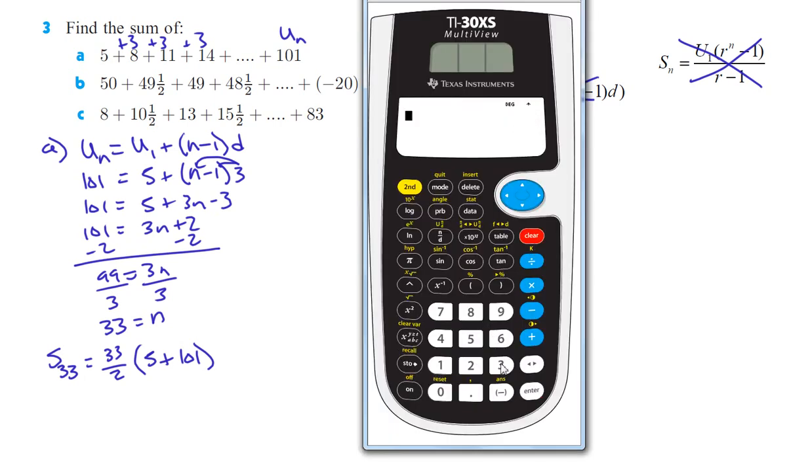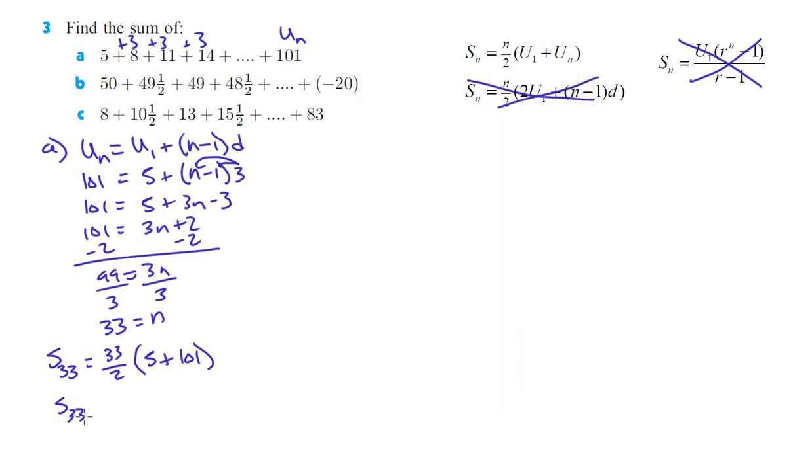So we get 33 divided by 2 times, let's see, 5 plus 101 is just going to be 106? And we get 1749 for the first 33 terms, because that's the 33rd term right there.